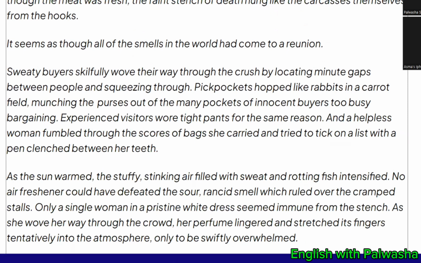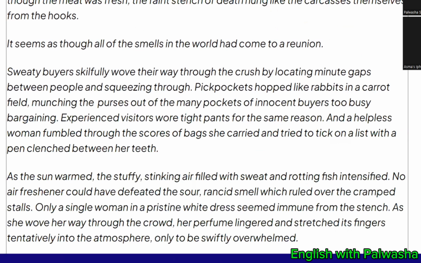Sweaty buyers skillfully wove their way through the crush by locating minute gaps between people and squeezing through. Pickpockets hopped like rabbits in a carrot field, munching the purses out of many pockets of innocent buyers, too busy bargaining.